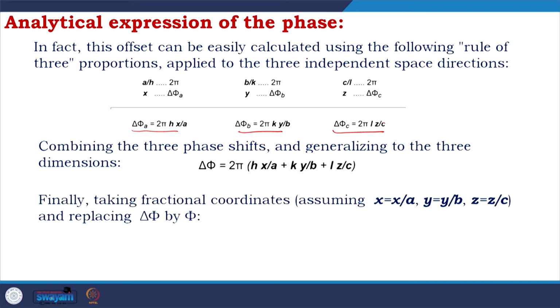Now, finally, when you take the fractional coordinates, assuming x equal to x/a, y equal to y/b, z equal to z/c, and replacing delta phi by phi, phi equal to 2 pi (hx + ky + lz). This is what we consider as the formula 1 for our mathematical analysis for the next level.